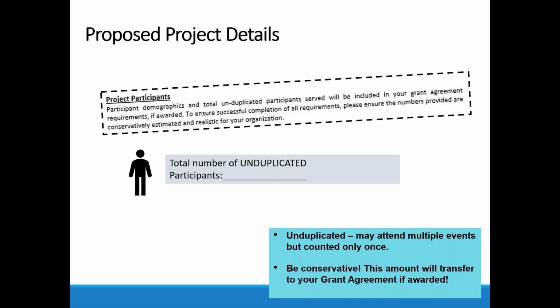The number you put on this line transfers into your legal grant agreement if you get a grant award. If you think you will probably serve 100 kids in your summer day camp, go ahead and put 75 or 80 and give yourself a little bit of breathing room. Unduplicated participants are just that. They can attend multiple events, but they're only counted once.